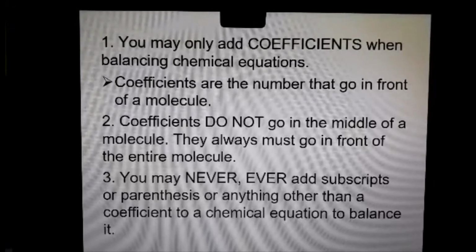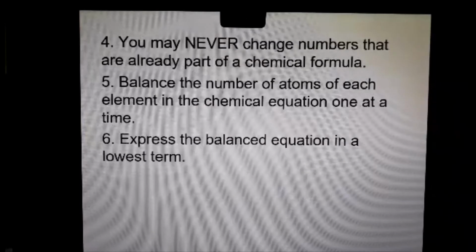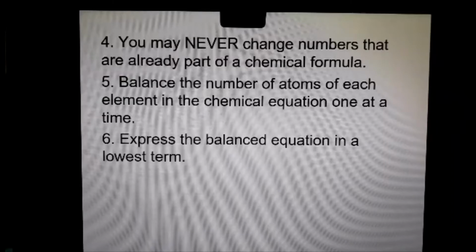Third, you may never add subscripts or parentheses or anything other than a coefficient to a chemical equation to balance it. Next, you may never change numbers that are already part of a chemical formula to balance it. Mahirap pong palitan. In case you are going to change it, you are committing a wrong balancing of the equation.